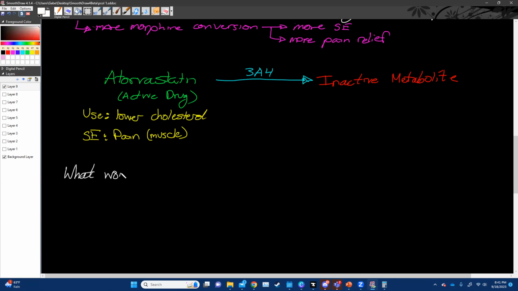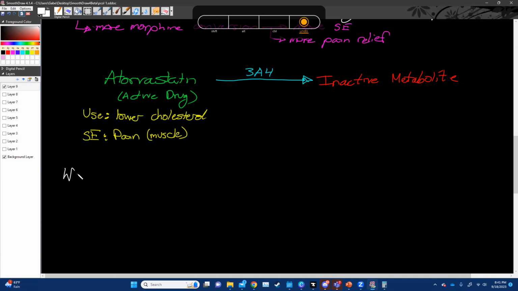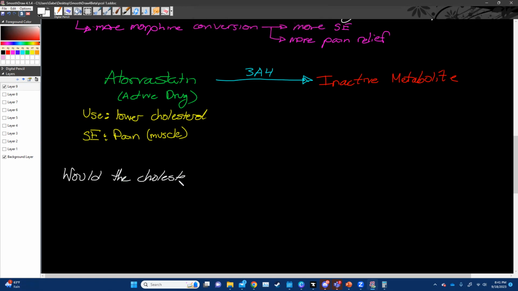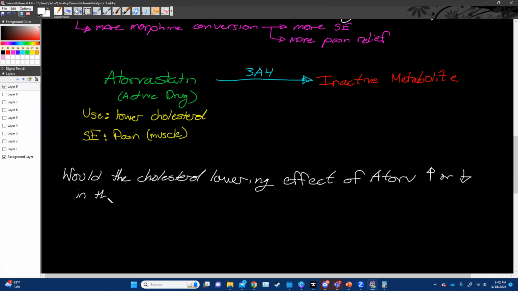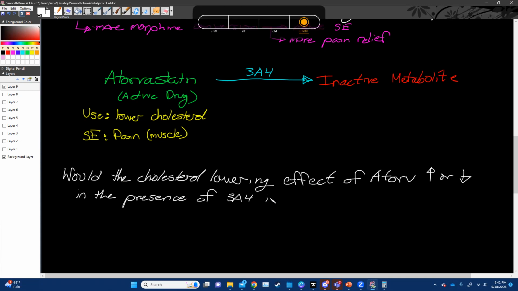What would happen, how do I want to phrase this? Would the cholesterol lowering effect of atorvastatin increase or decrease in the presence of a 3A4 antagonist?